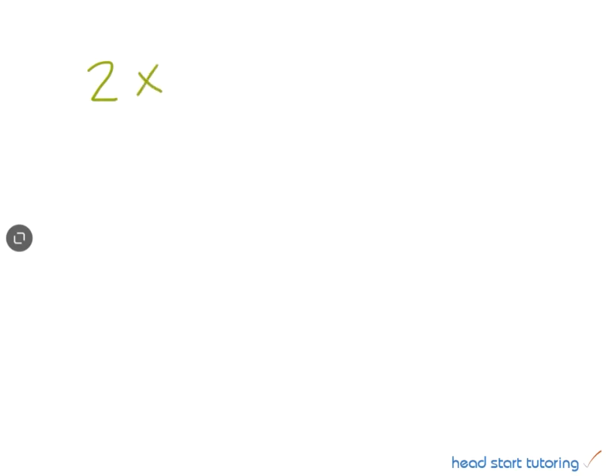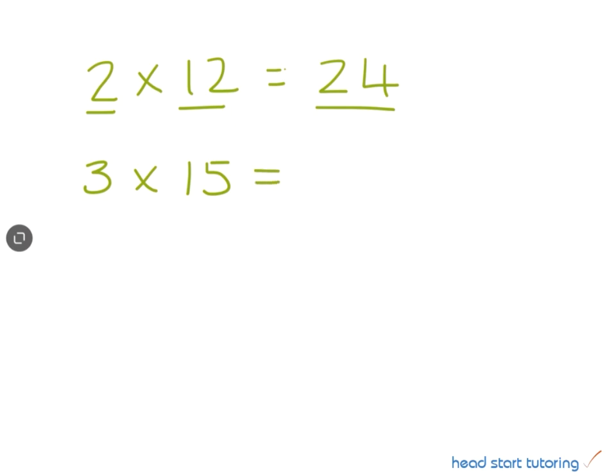Two times 12 gives you an answer of 24. So we know that both 2 and 12 are therefore factors of 24. We also know that 24 is therefore a multiple of both 12 and 2. Another example, 3 times 15 is equal to 45.